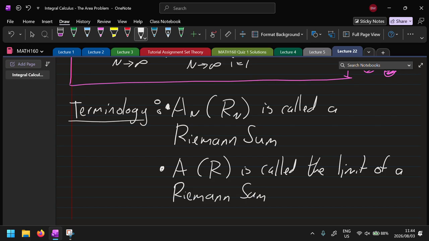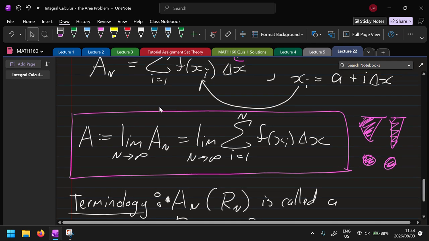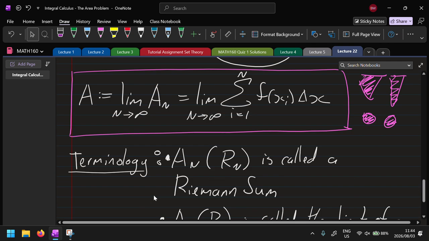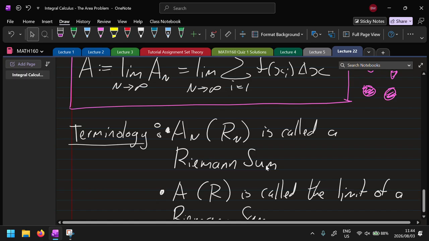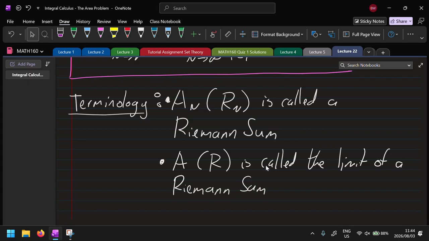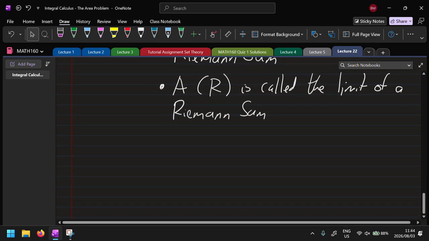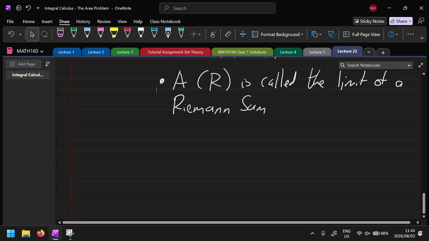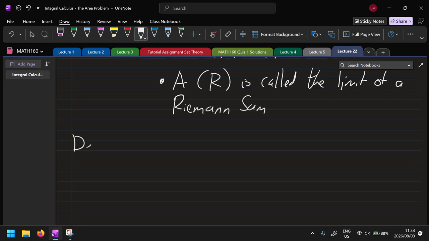So if you see these words in the textbook or online, you know what it means. A sub n, that is the area with n rectangles. That is called a Riemann sum. And then the full A, after we take the limit, that is the limit of a Riemann sum. Right, it's just terminology, nothing new there. Okay, and then finally, definition.